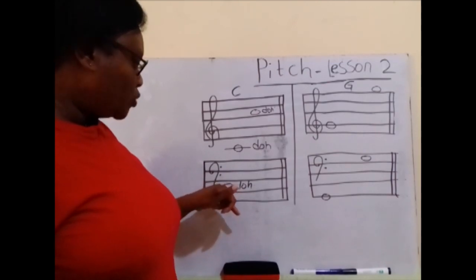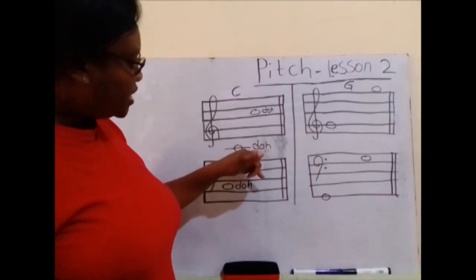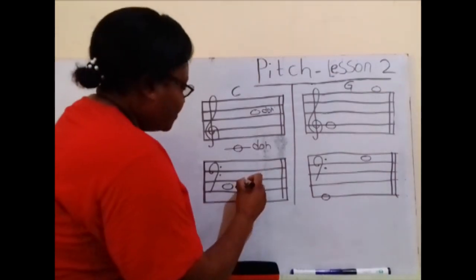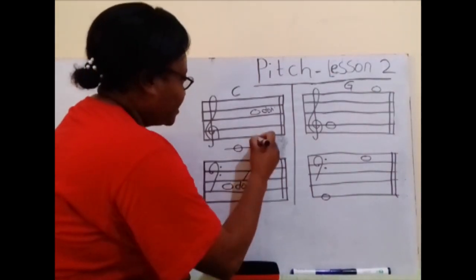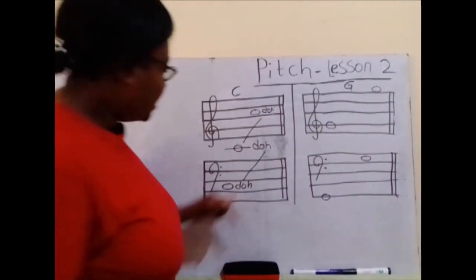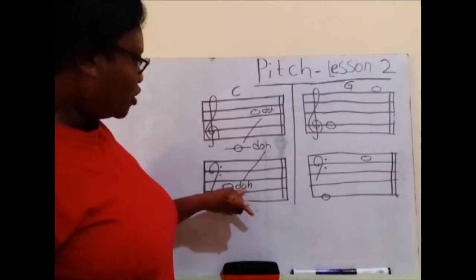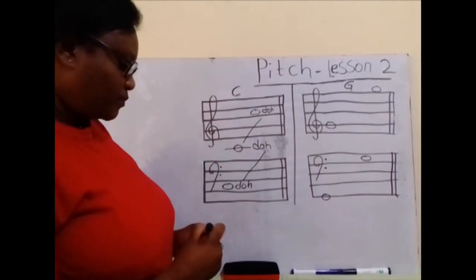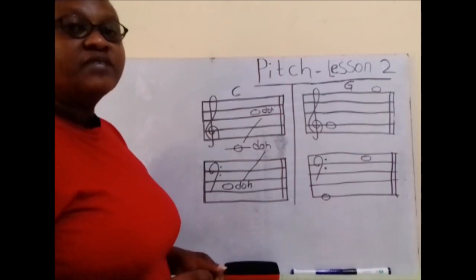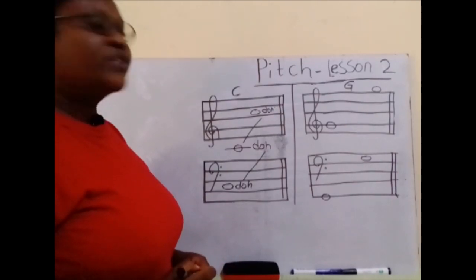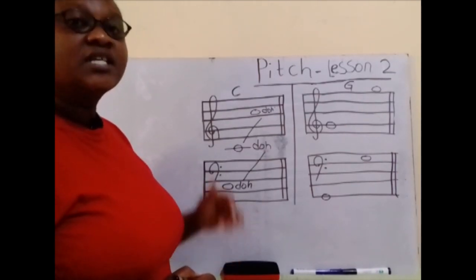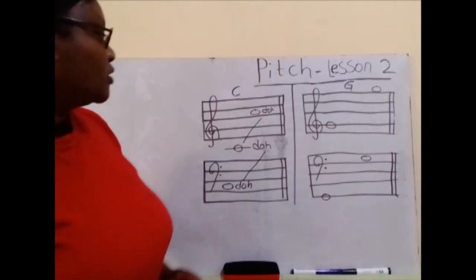When you pitch this Do, and when you pitch this Do, there will be a very big difference. So, pitching is very, very important so that people can sing on the right key or pitch.